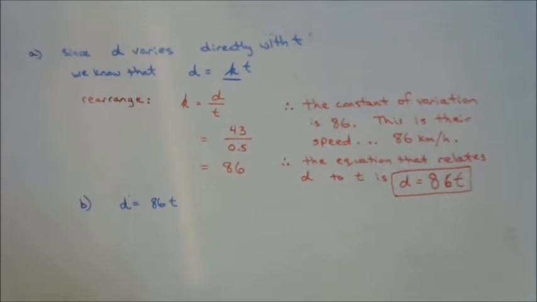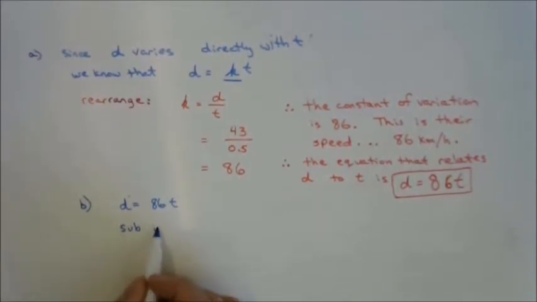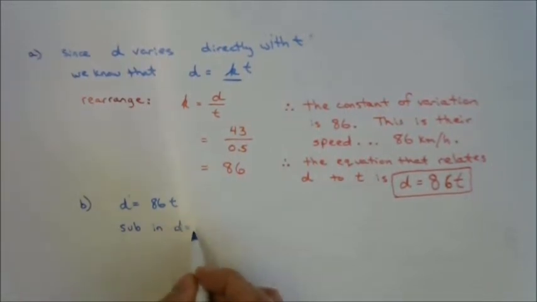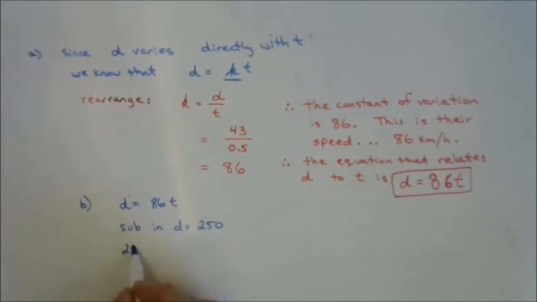It's 250 kilometers away. So I sub in that for D or for T? D. So D equals 250. That's going to be 250 equals 86T.